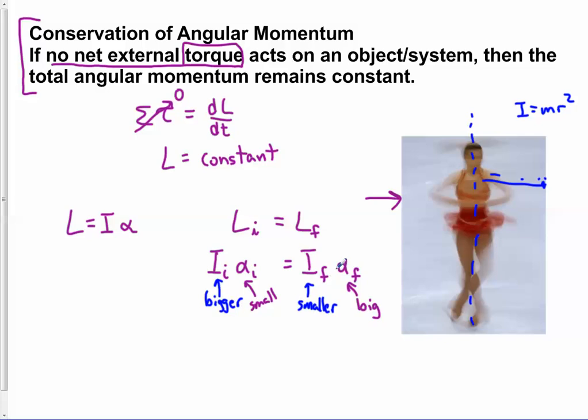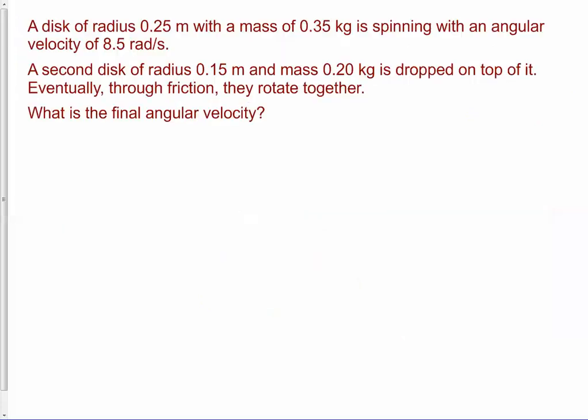So that's the idea. So conservation of angular momentum explains why a skater will spin faster when he or she brings their arms inward. I'll do a quick example, a different kind of example using this idea, and then we'll stop this part of the video and then have another part.